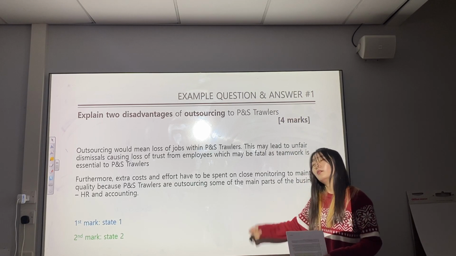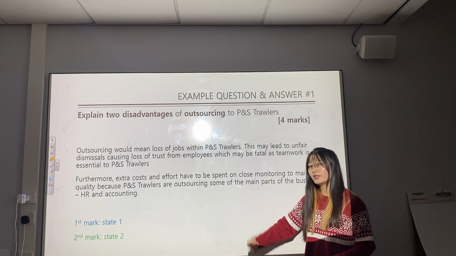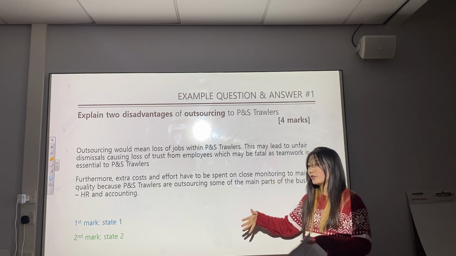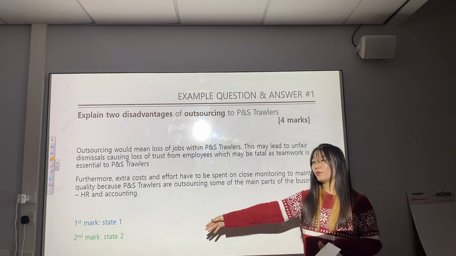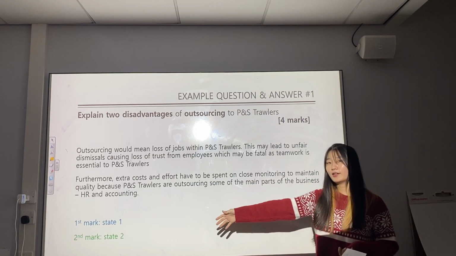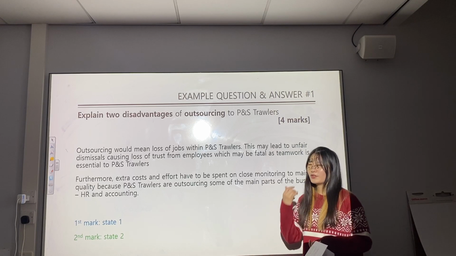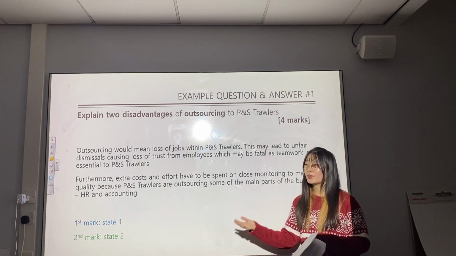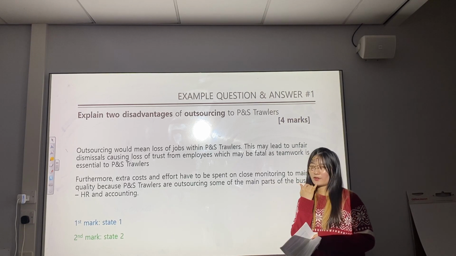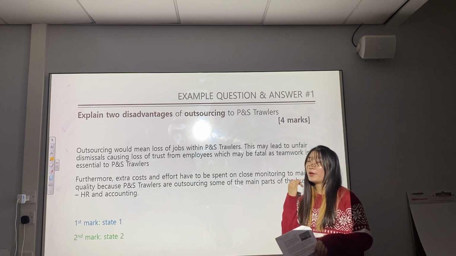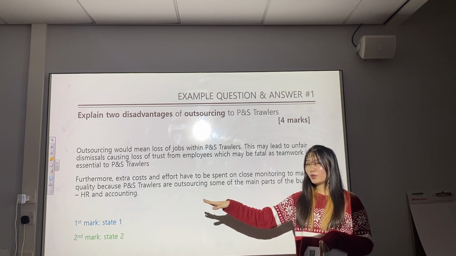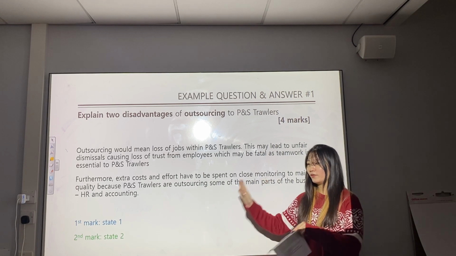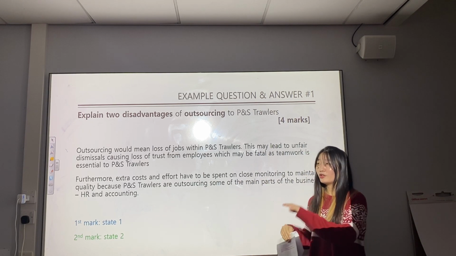This means P&S Trawlers is going to need more close monitoring over what the external business is doing. If they're just outsourcing a customer service company where they pick up complaints from customers, we'd say, okay, they're much more pro than we are, so we'll leave it up to them, and they could monitor less.